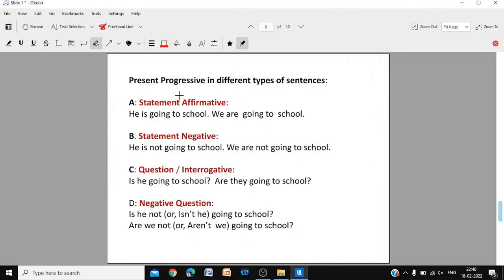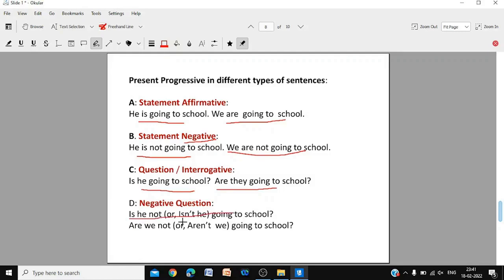Now, present progressive form in different types of sentences. He is going to school. We are going to school. He is not going to school. This is a negative statement. We are not going to school. Questions: Is he going to school? Are they going to school? And negative question: Is he not going to school?